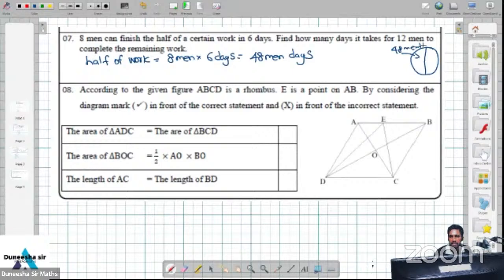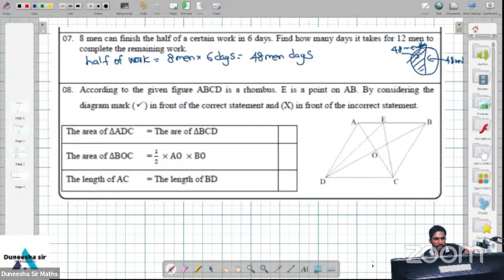Then how much is the remaining part? Also 48 men-days.